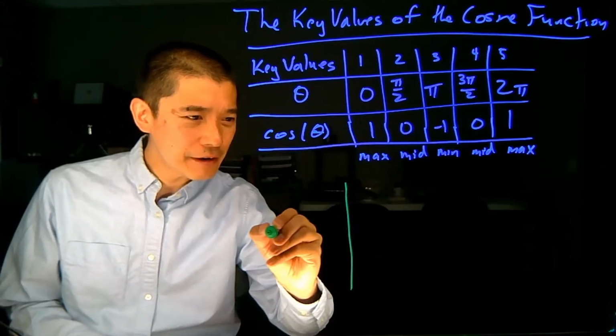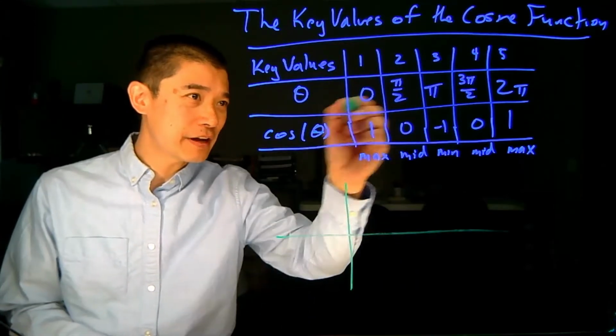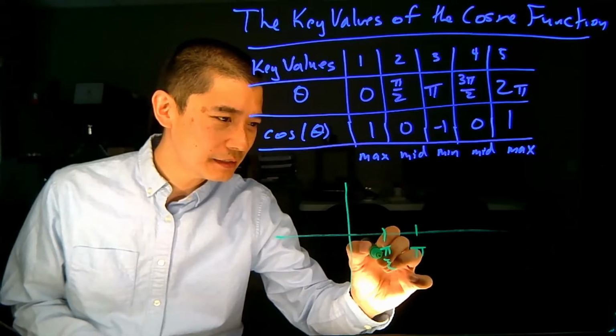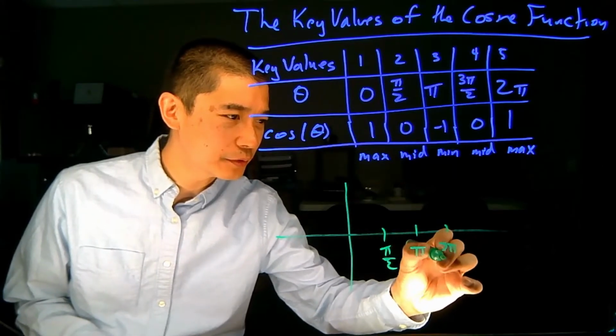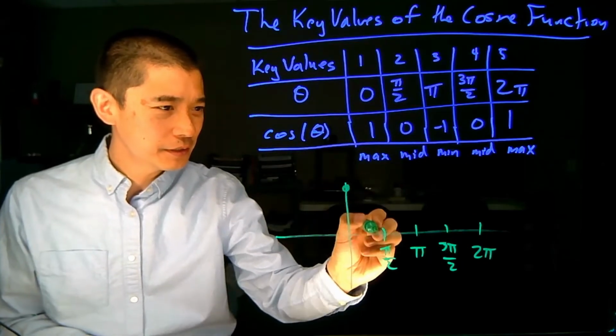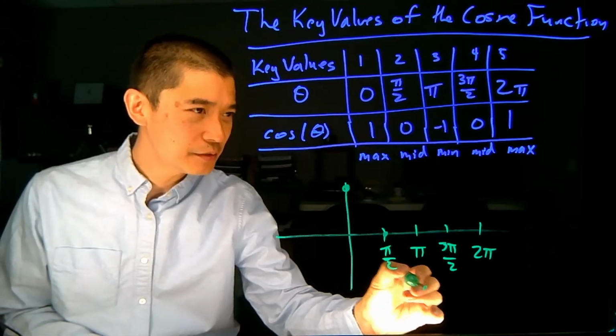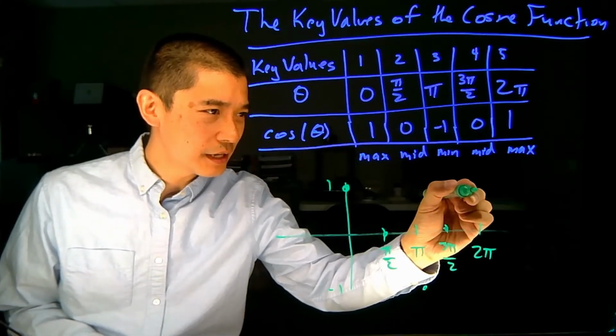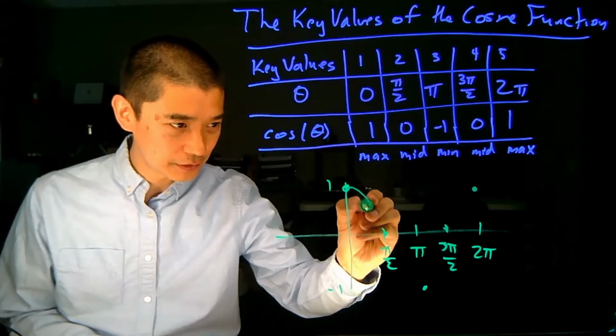And so if we were to try to graph this, remember that our key values happen at intervals of pi over 2, so pi over 2, pi, 3 pi over 2, 2 pi. We would start at the max, which is 1, then the mid, then the min, which is -1, the mid, and then the max again. So it starts off looking like this.